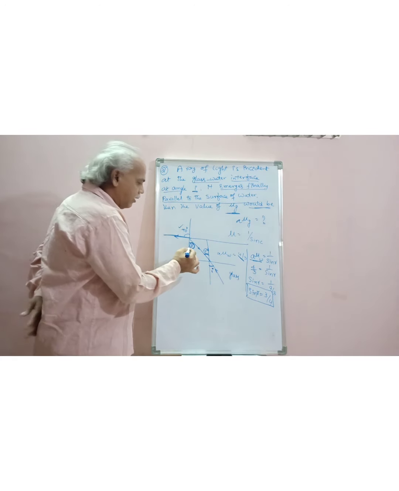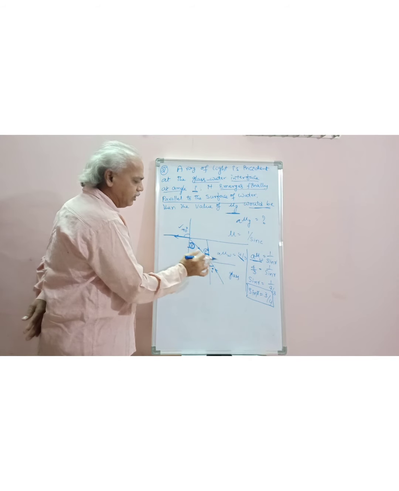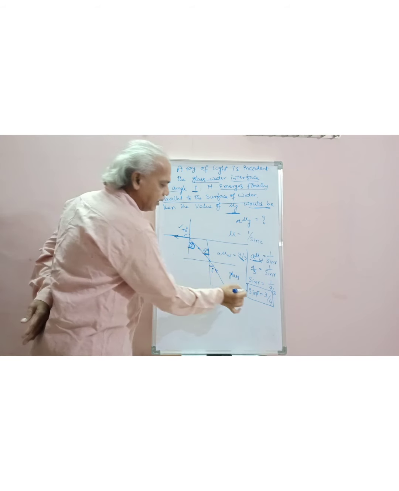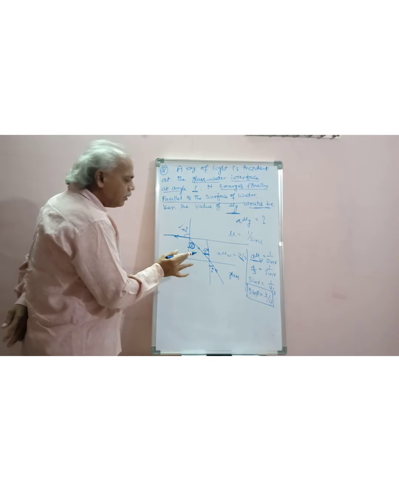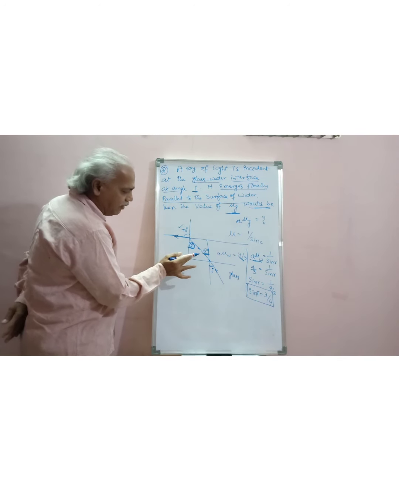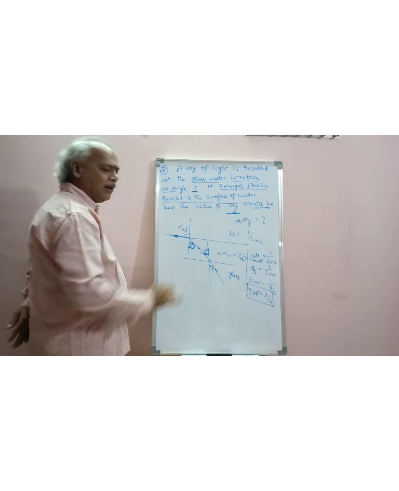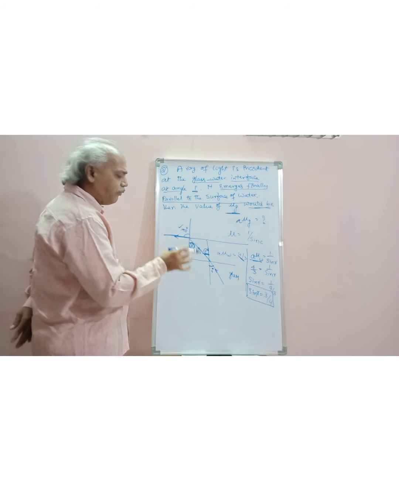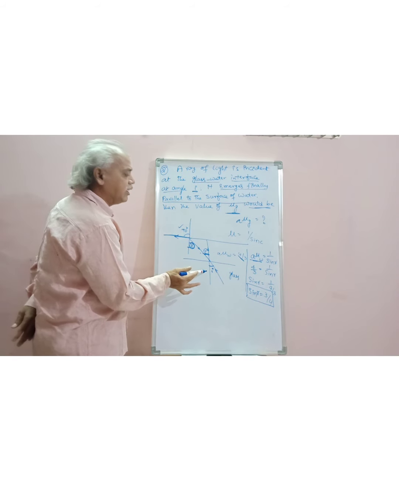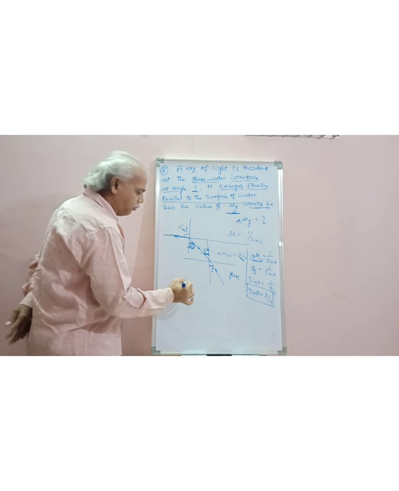So this is the sin r value, and here the angle of incidence from water to glass is the same, that is r. Here the ray of light is traveling from water to glass slab. So we are finding the relative refractive index of glass with respect to water, that is W mu g.